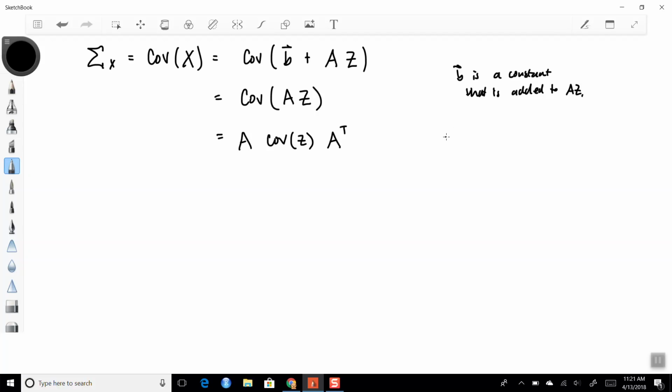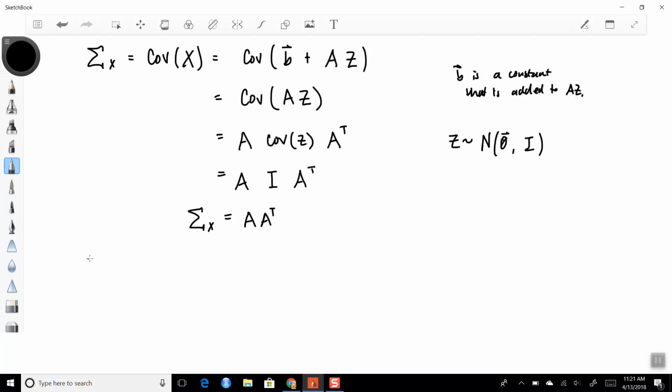Once again, z comes from normal with mean 0 and variance covariance I. So the covariance of z is I, and here we get A A transpose. So this is the variance covariance matrix of our x variable.